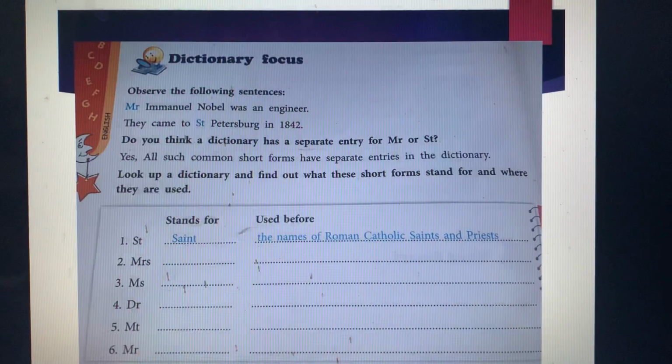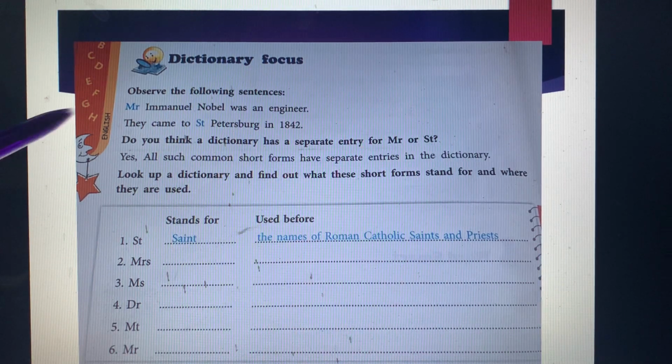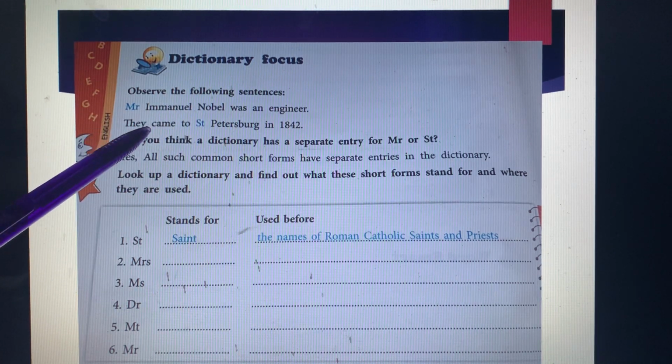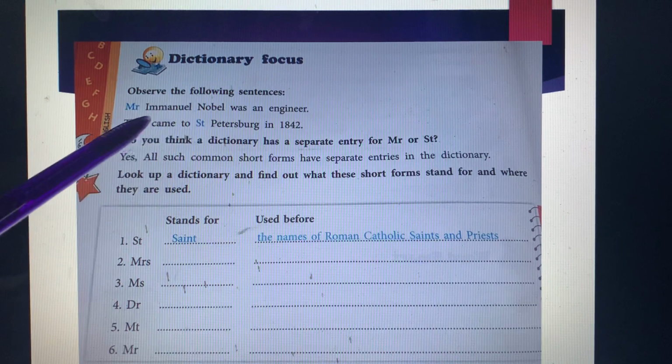Fine, these are 4. Now the next question is of dictionary focus. It is also very interesting. From this you can gain your own knowledge. Dictionary focus. Observe the following sentences. Mr. Emmanuel Nobel was an engineer. They came to St. Petersburg in 1842.